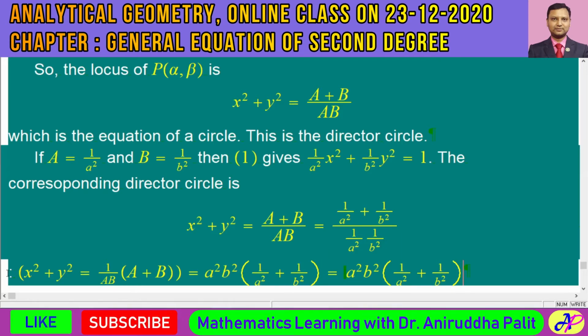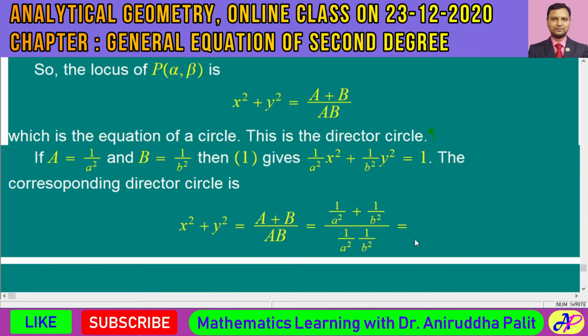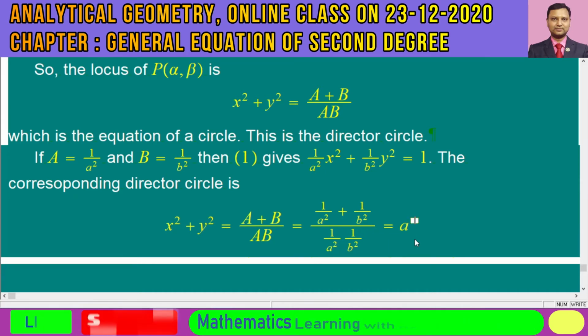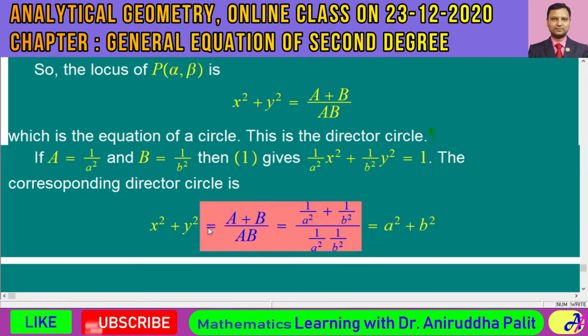After taking LCM on numerator and denominator, this would simply be equal to a square plus b square. Got it? So forget about these intermediate terms.